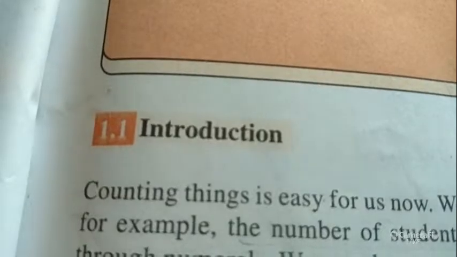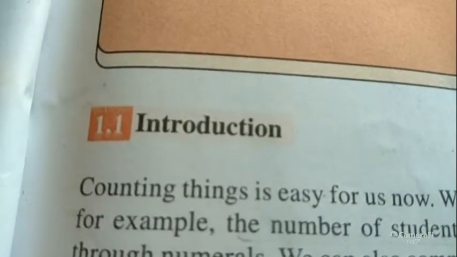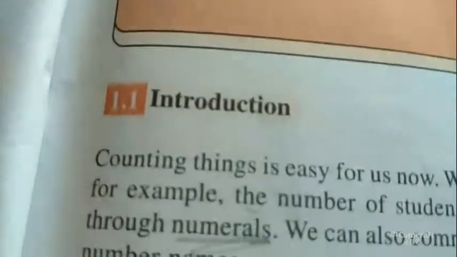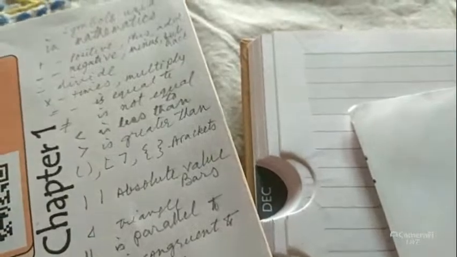We can also communicate large numbers using a suitable number name. Number name means writing in words. Suppose somebody asked me regarding the strength of students in your school. Suppose 640.